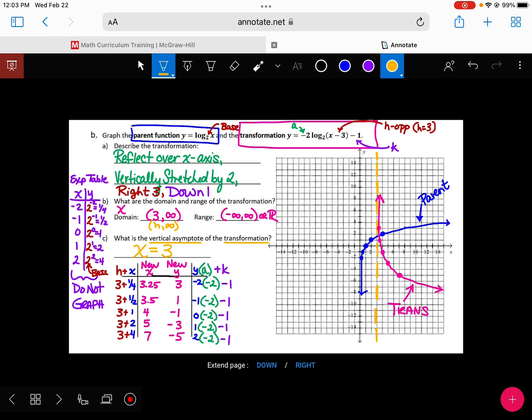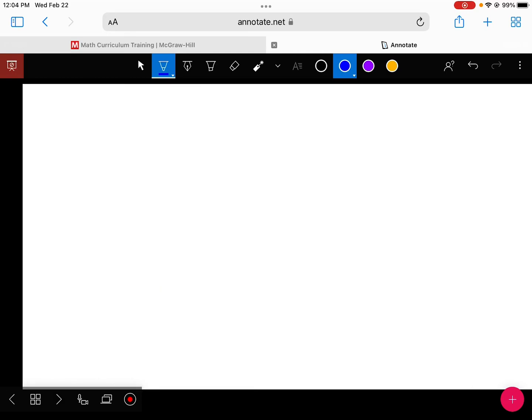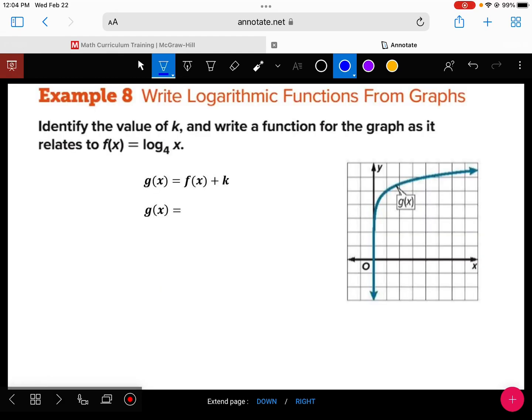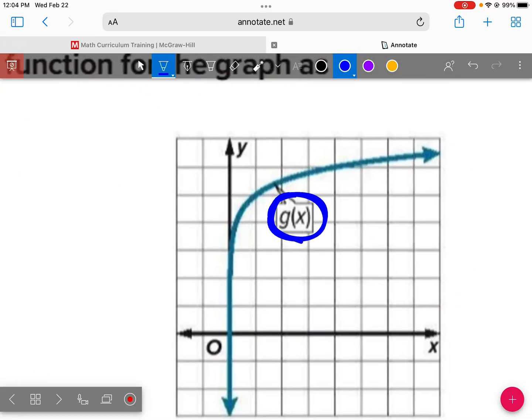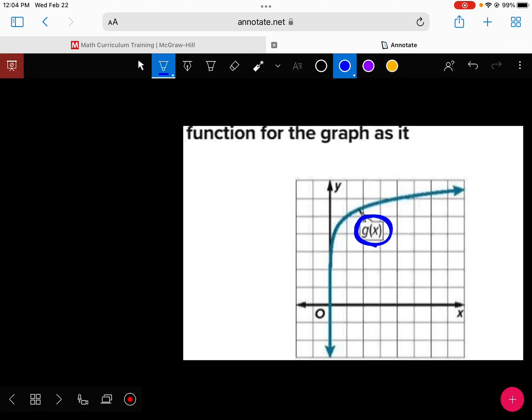There's one last thing that we need to cover quickly. This is on the very last page. All right. So they've given me the graph of g of x.